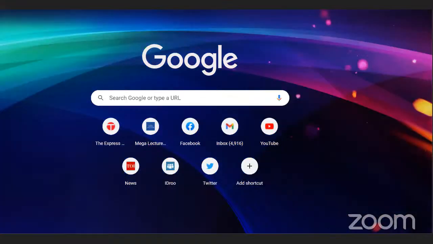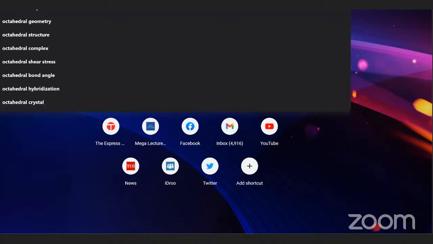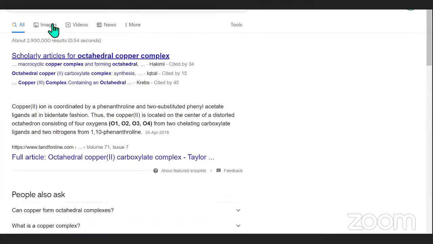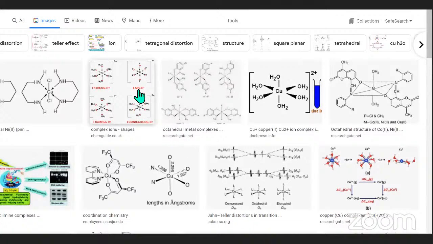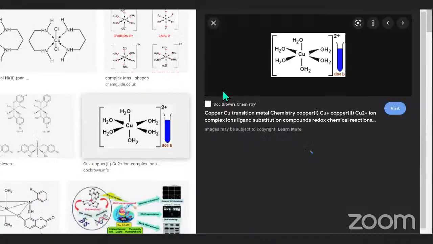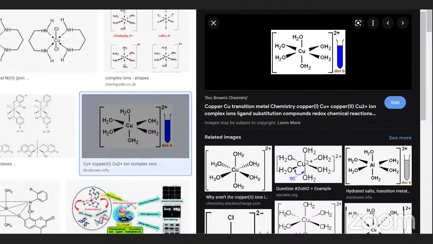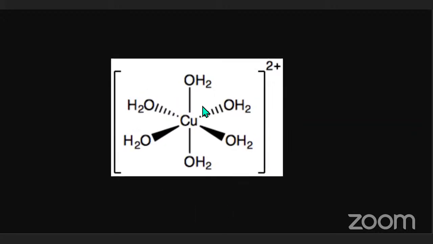For example, if I look at copper sulfate dissolved in water, let me just Google this and get an image. So for example, this one, this kind of is a better view.